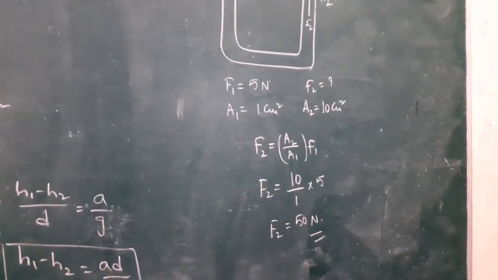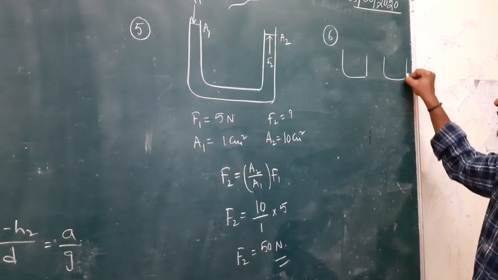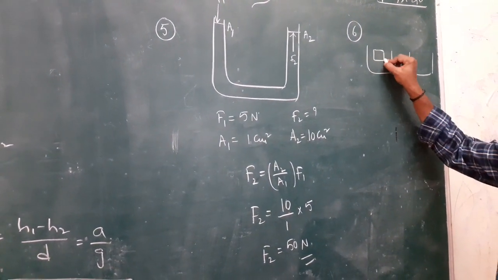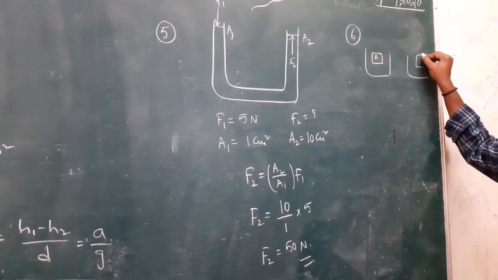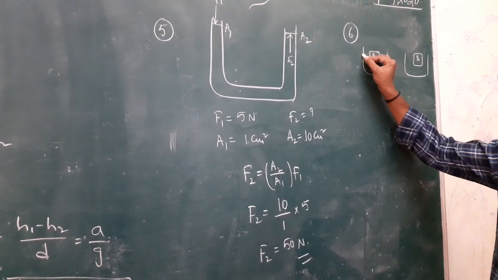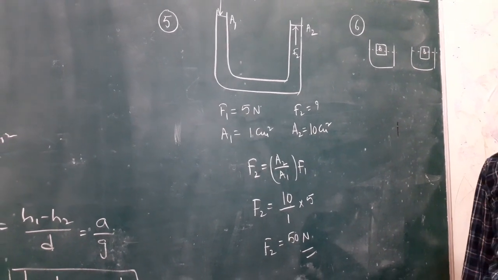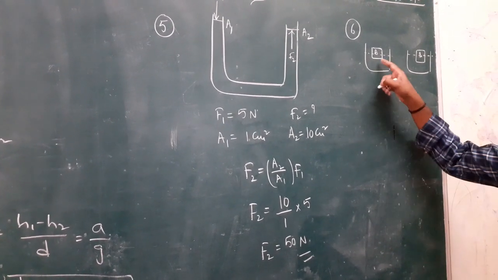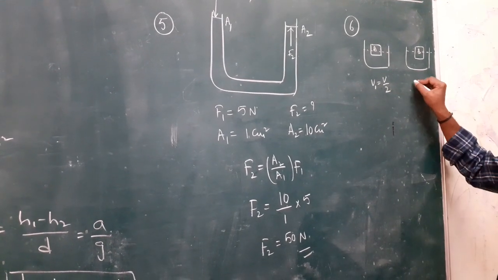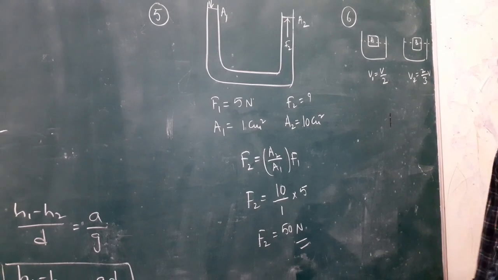Next, the sixth one. These are two solids, A and B, floating in water. The first body A floats with a fraction of its volume inside the liquid, and the second body floats with 2 by 3rd of its volume inside the liquid.